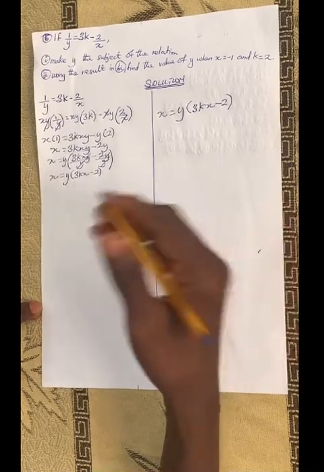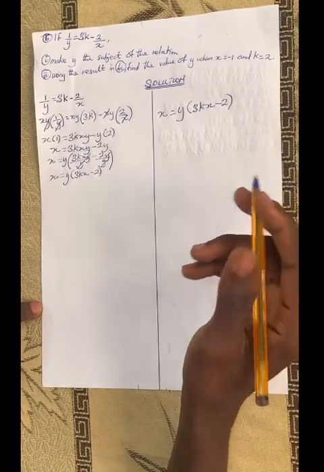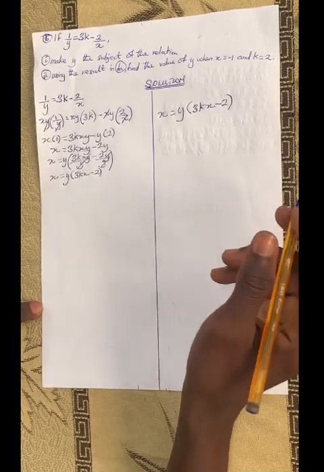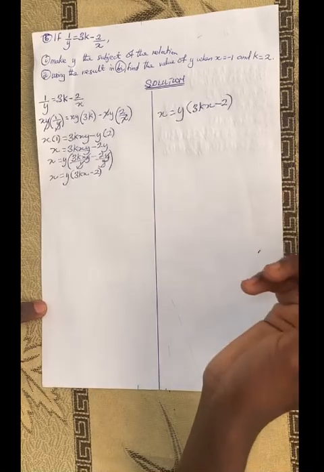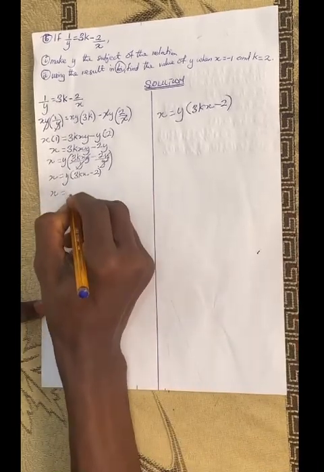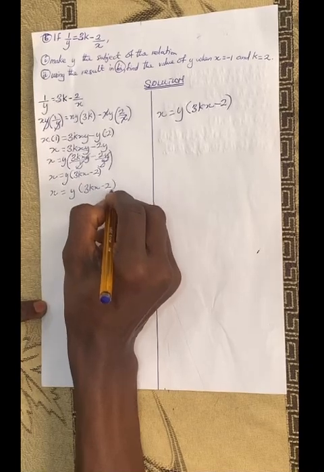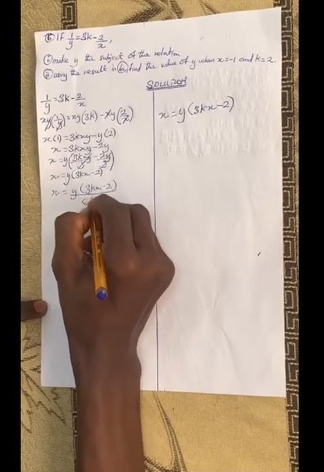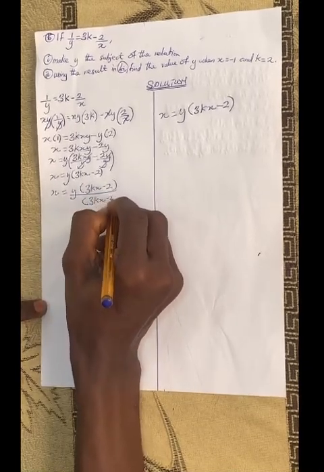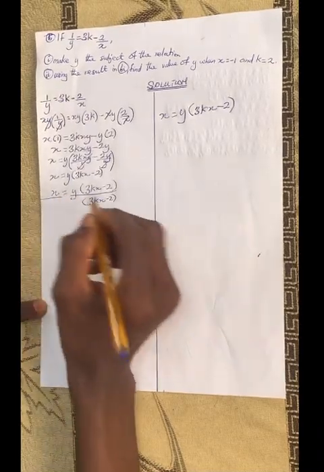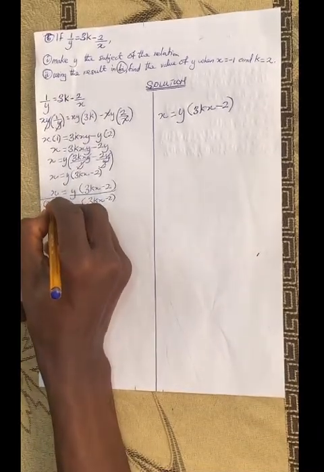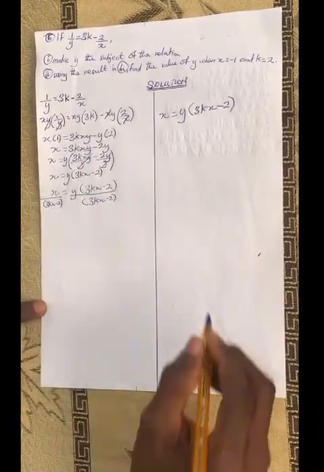So we will divide both sides of the equal to sign by the item attached to the y. So we will have x is equal to y in brackets 3kx minus 2 all over in brackets 3kx minus 2. This side 2 over in brackets 3kx minus 2.